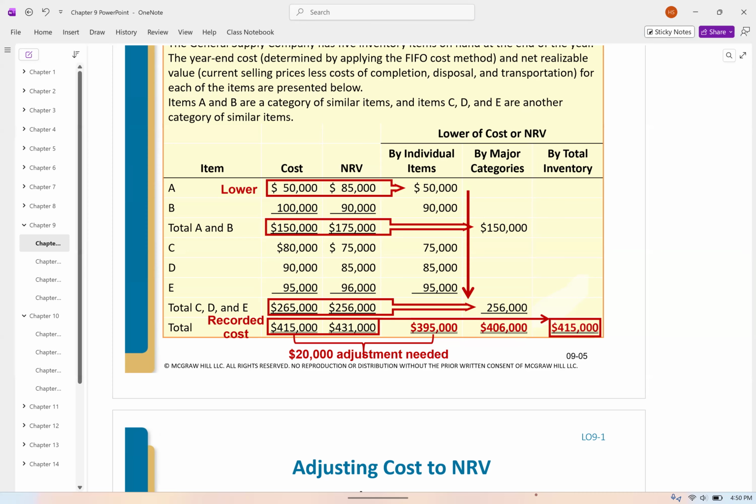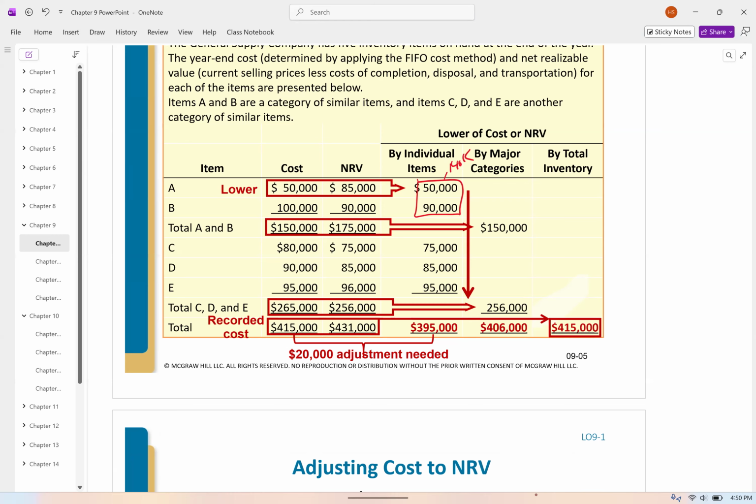So when we get to the cost versus net realizable value of that major category, the lowest is 150,000. If we had added these two together, that's 140,000. So you see how you're getting different numbers when you apply it per item or per major category.